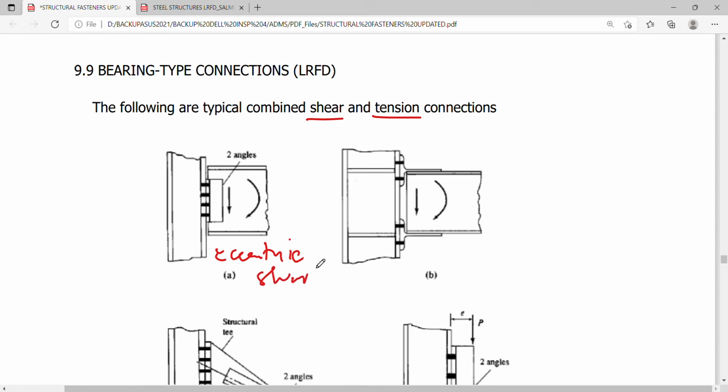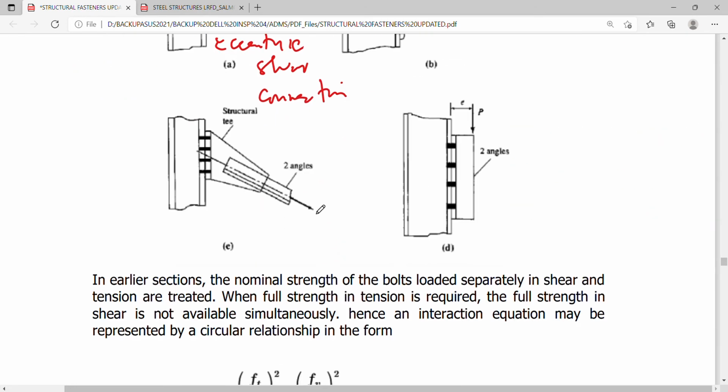Okay, and this is a moment connection. Okay, so this is an eccentric shear connection. And we also have a combined shear and tension connection.